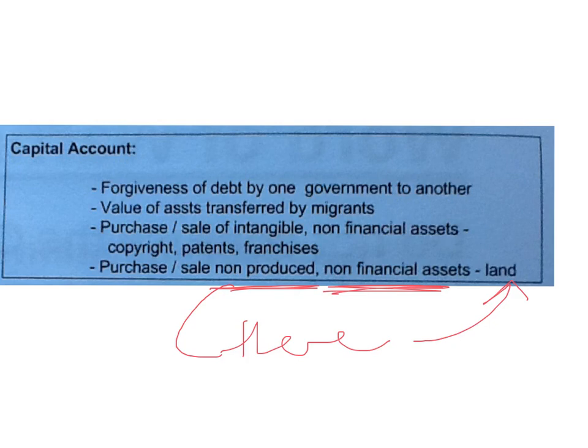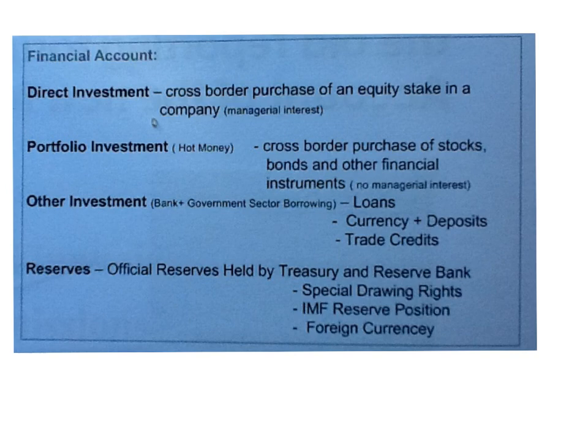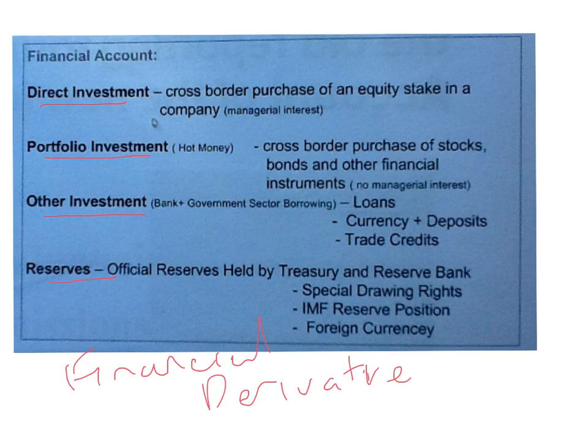Okay, so moving on. Yeah, this is the biggie. This is the financial account, and you can see all the various categories are described, except a new one, which is financial derivative assets.